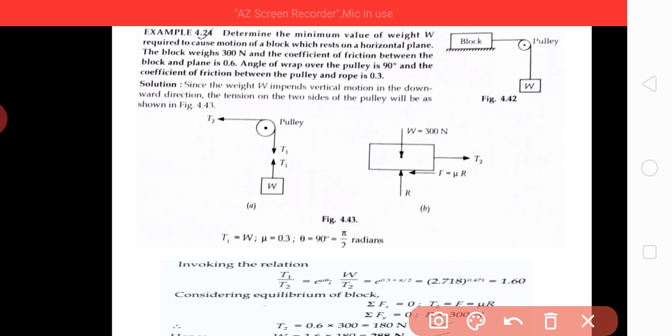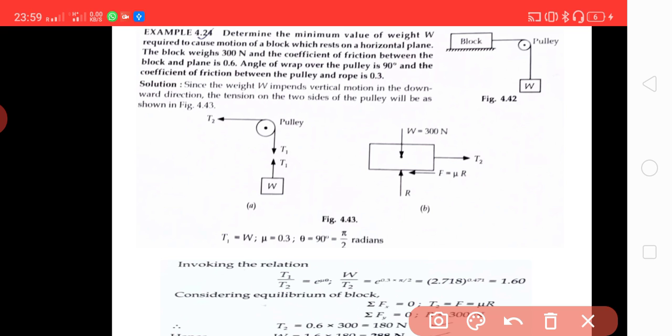Let us analyze what has been done here. Since the weight W impedes the vertical motion in the downward direction, the tension on the two sides of the pulley will be as shown in the figure.